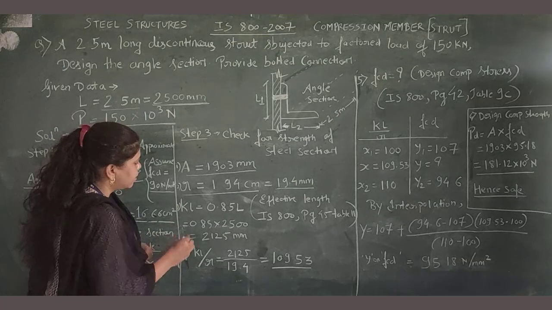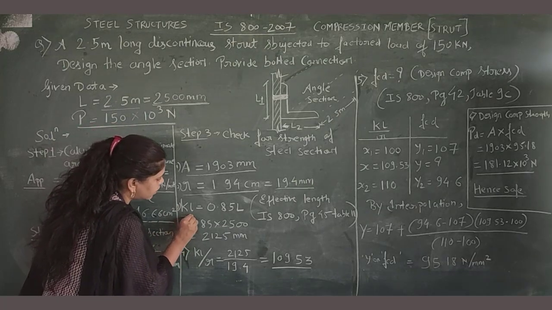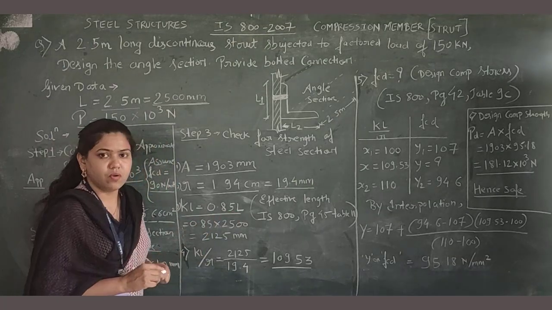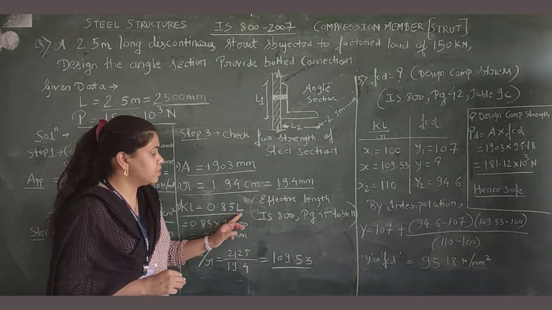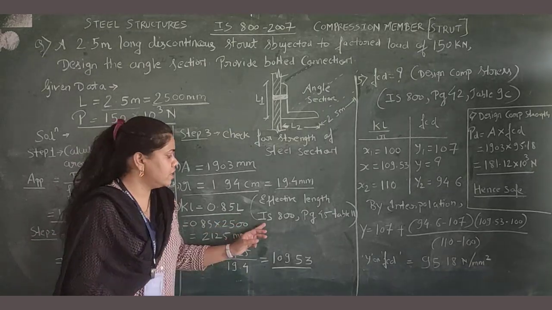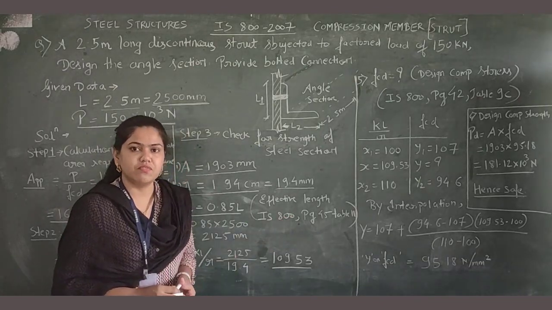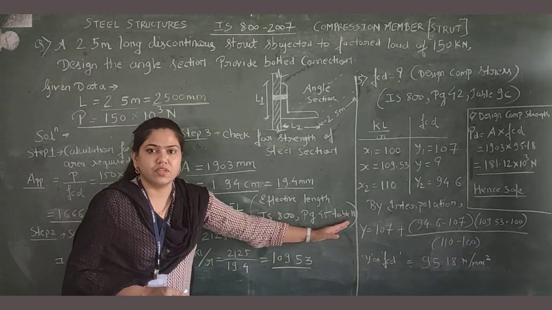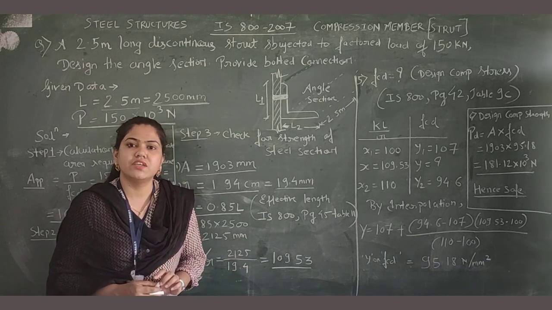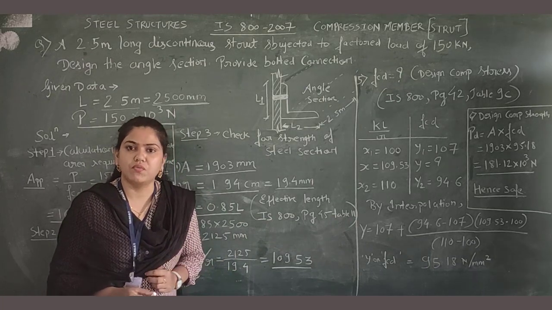After that, you have to find the effective length of the member. For that purpose, refer to Indian Standard Code 800:2007, page number 45, Table number 11. The effective length criteria is given based on the boundary condition.